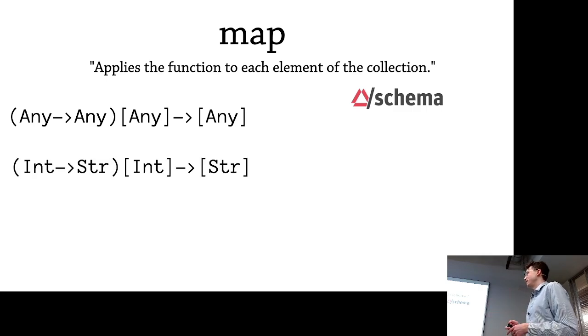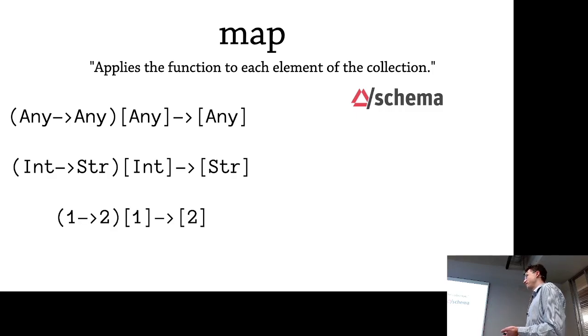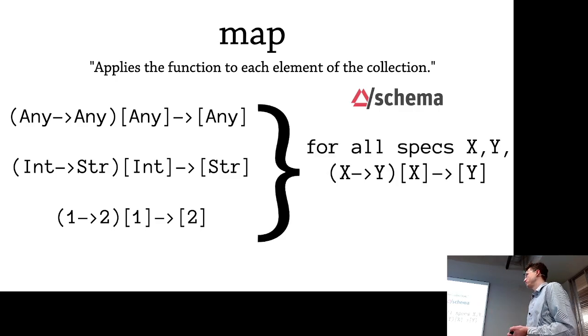But if you have ints, your function needs to take ints and return strings. But okay, if you didn't follow any of that, here's the really obvious one. If you have ones, you need something that can take 1 to 2, and then you get 2. And this sort of gives the game away.